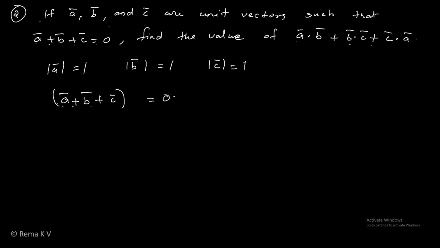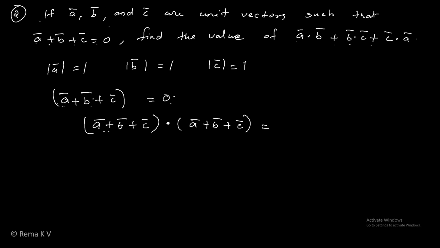So we had learned that if any one of the vectors is a zero vector, then the dot product will be equal to, what about this dot product? Given that A plus B plus C is equal to 0.